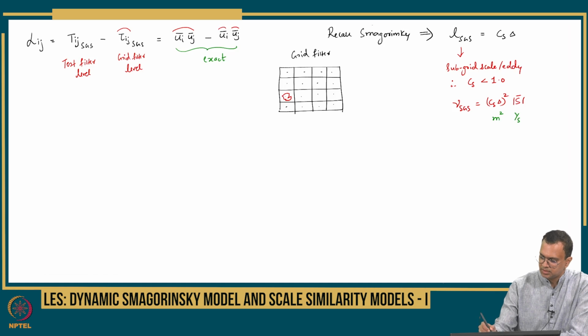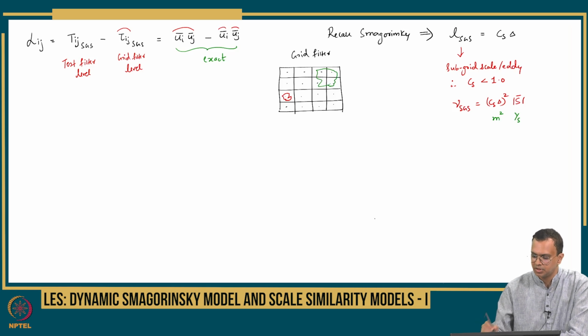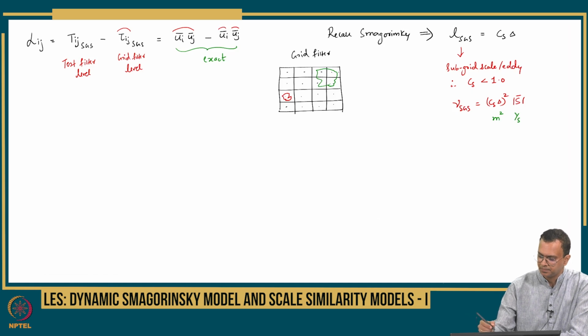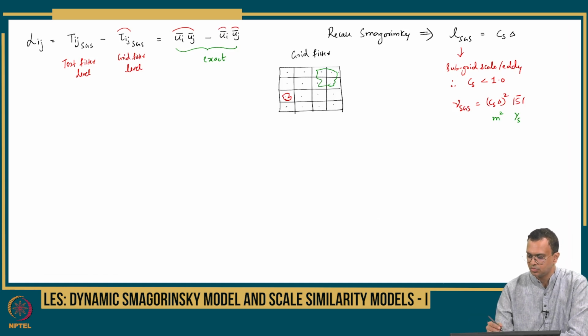So this is the subgrid scale eddy contribution that I want to find out, and since I have a mesh like this, let's say I have this particular green eddy captured using this mesh at the grid filter level. So the idea of this dynamic Smagorinsky is that, okay, I have access to an eddy which is being captured at the grid filter level.